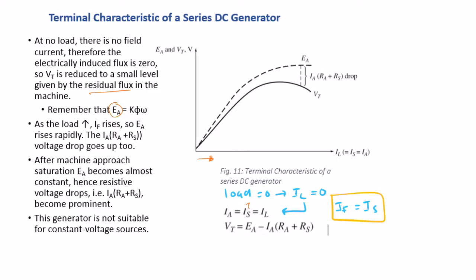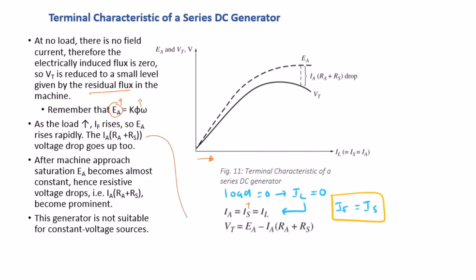As the load is increased, IF increases, which means the flux will be increased as well. And when the flux is increased, the internal generated voltage will also be increased significantly. But at the same time, the voltage drop, IA times RA plus RS, will also be increased.